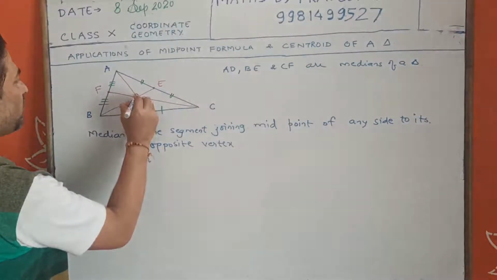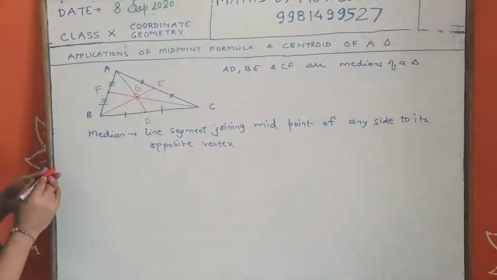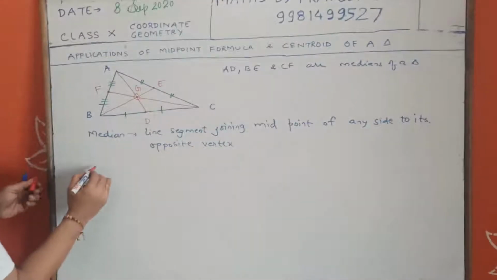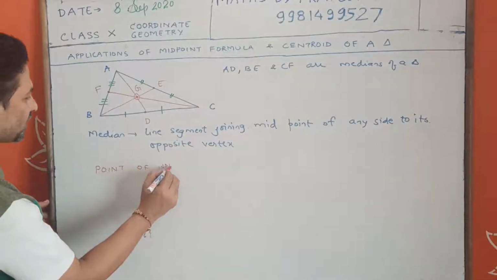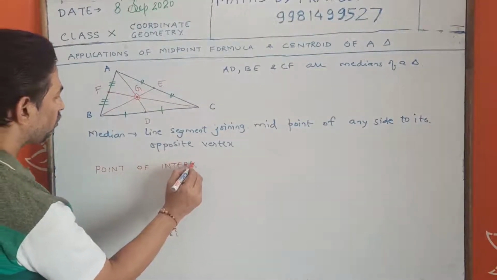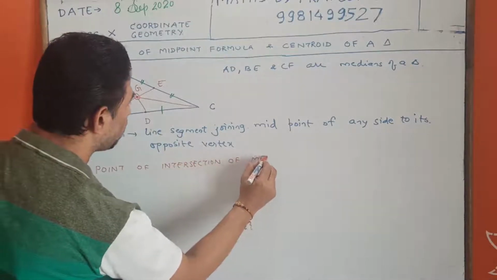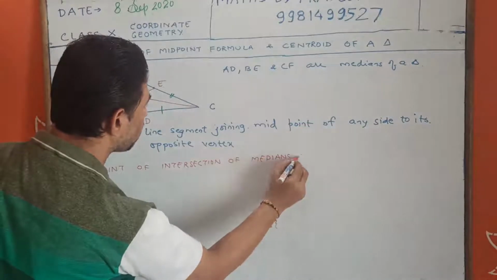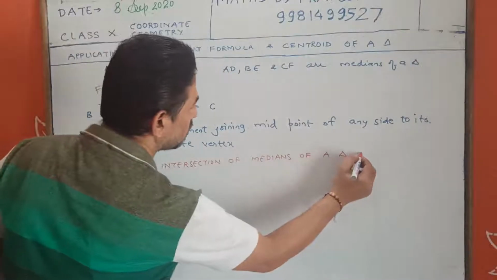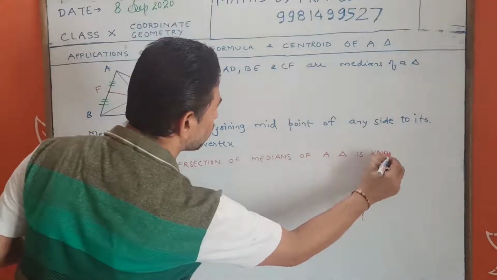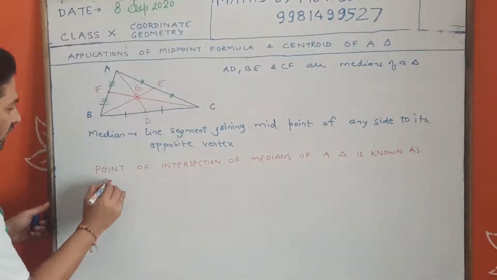See this point G, that is point of intersection of medians of a triangle, is known as centroid.